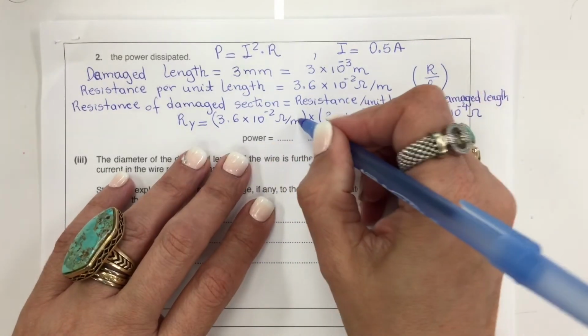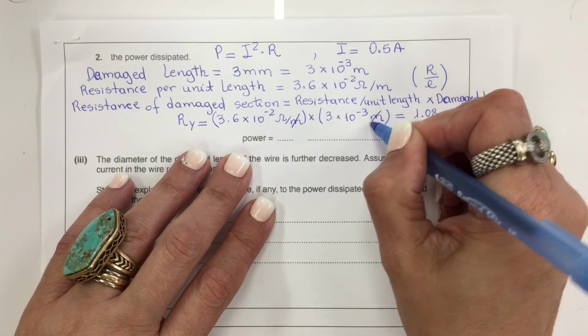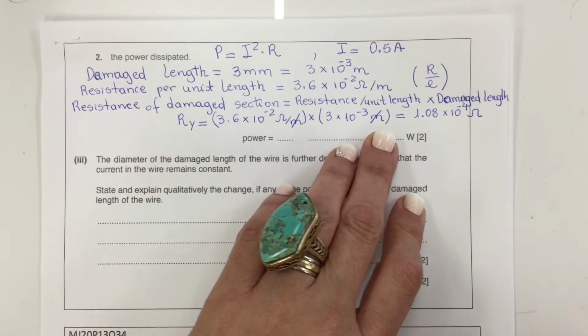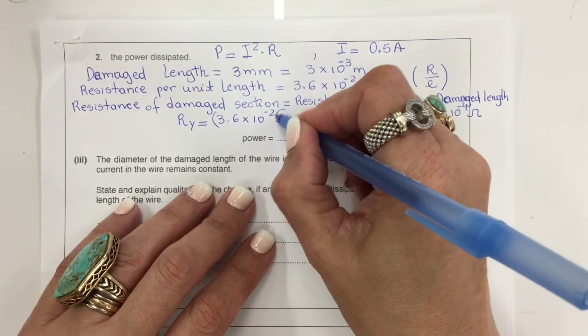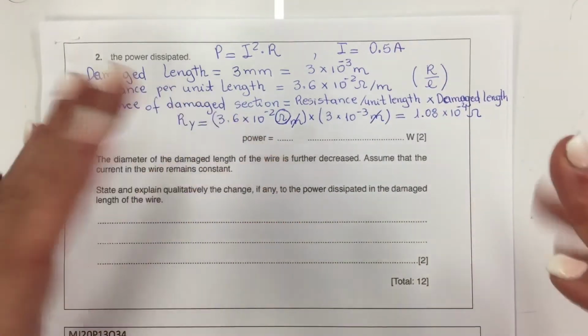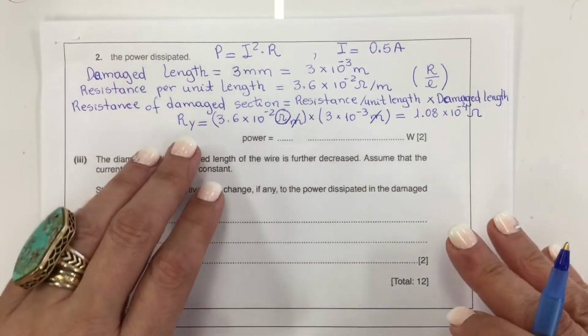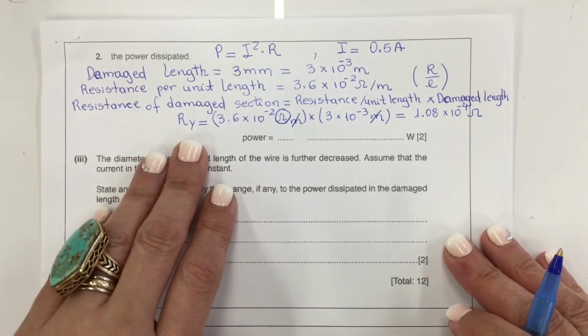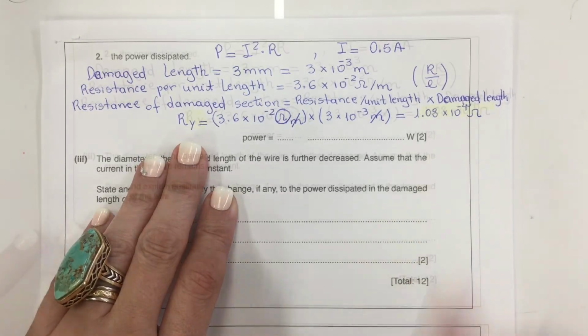Why? Because this meter cancels with this meter, so the only unit that is left is ohms. Now I have the resistance of the damaged section in ohms.